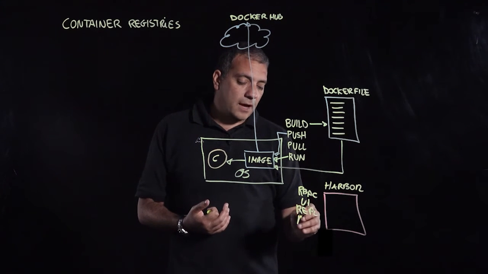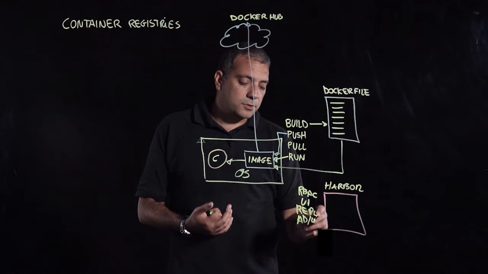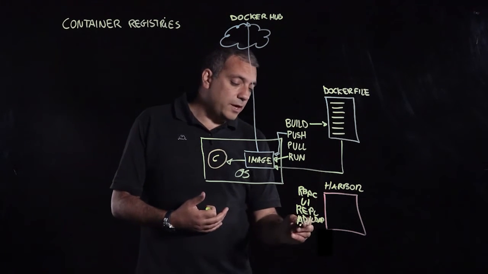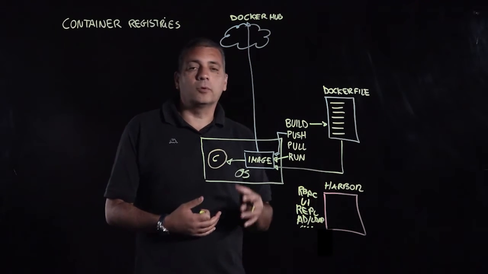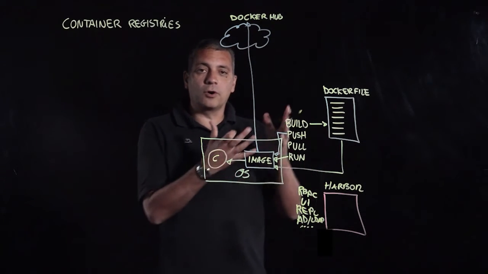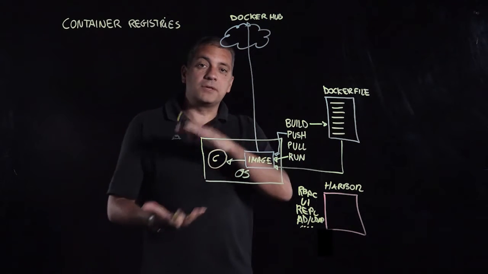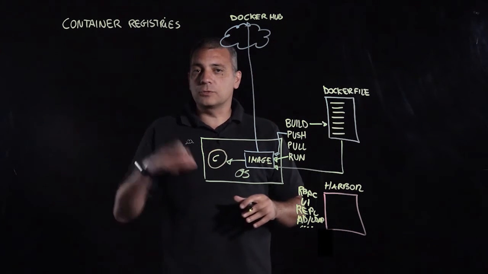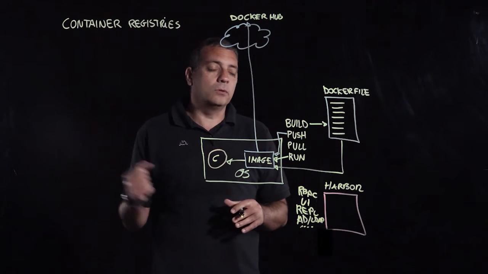And obviously, Active Directory and LDAP integration. These are some of the features; we have more inside Harbor, but these are some of the features that we are adding to the basic Docker registry. As I said, we keep Harbor open source, so you can go on GitHub and download Harbor.